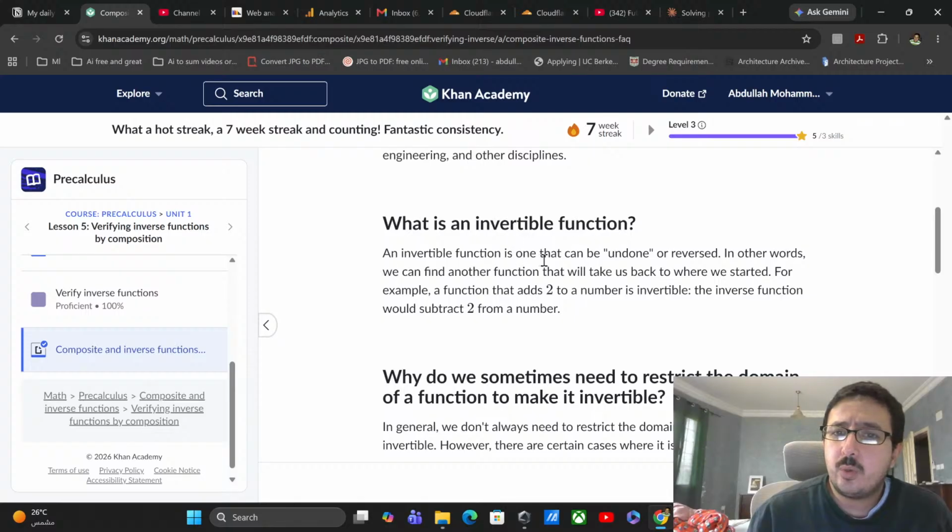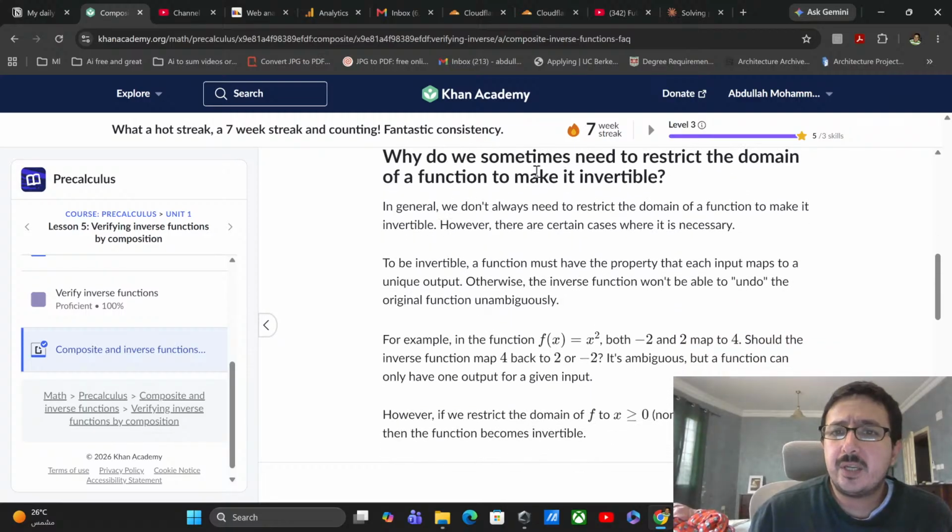An invertible function is one that can be undone or reversed. In other words, we can find another function that will take us back to where we started. For example, a function that adds 2 to a number is invertible. The inverse function would subtract 2 from a number.